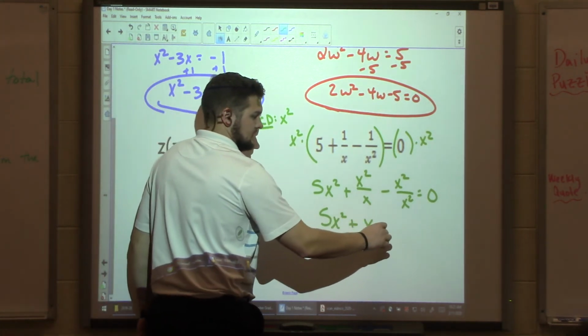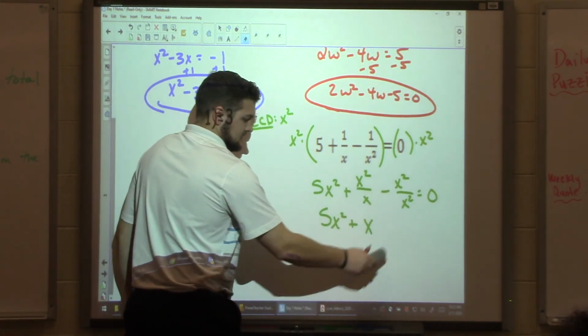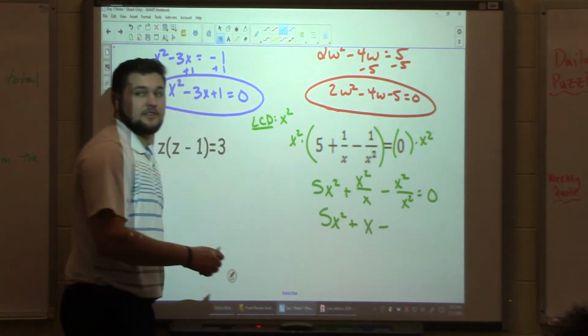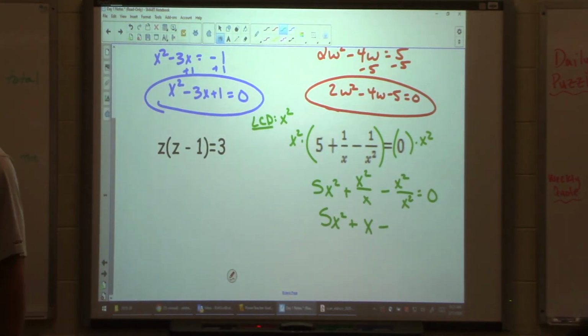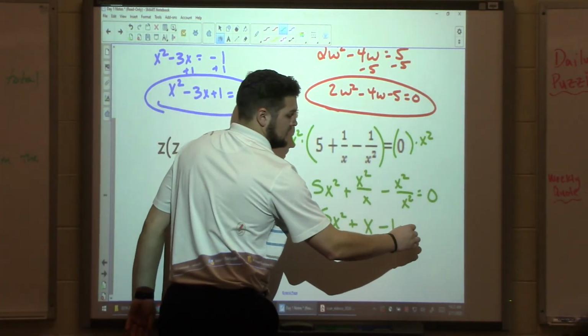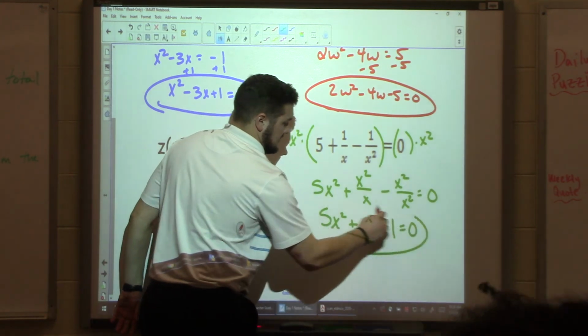Minus, don't you dare say nothing. x squared over x squared is equal to 1, right? Same thing, top and bottom is 1. So minus 1 equals 0.